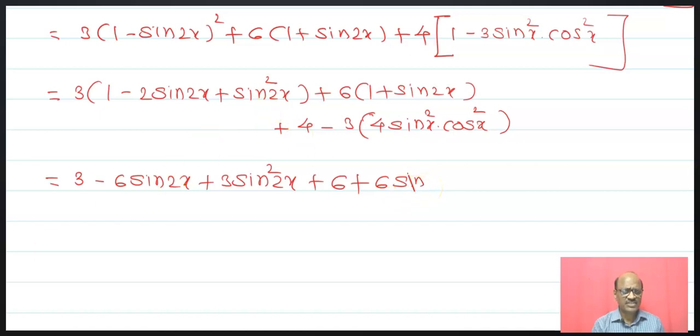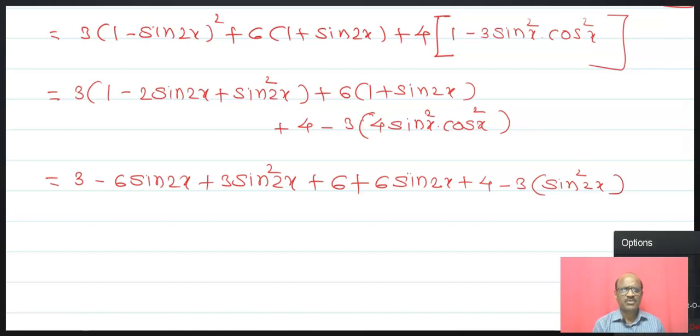Simple multiplication is here. You can see this multiplication, sin 2x, and plus 4 minus, now here is sin square 2x. Now here is very important. This is the 4 sin square x into cos square x. Means what? You can write this as (2 sin x into cos x) squared.